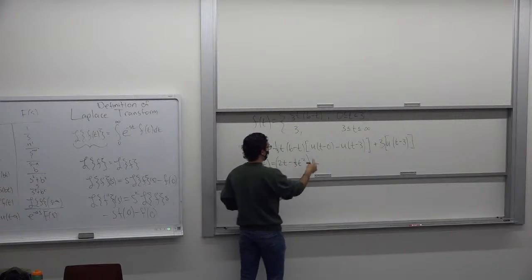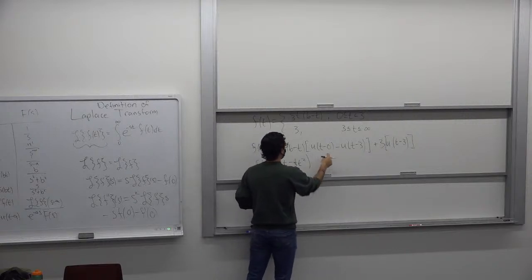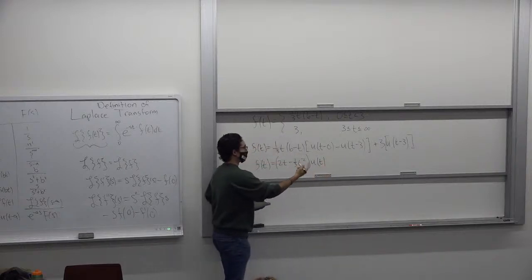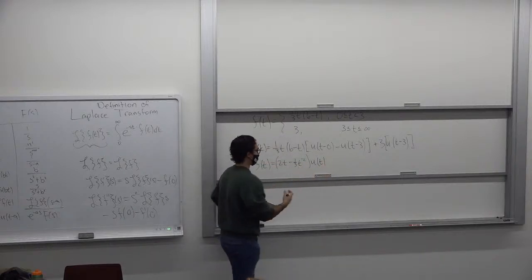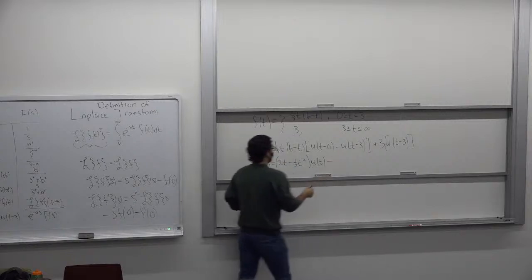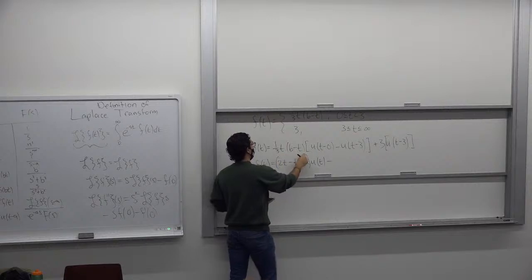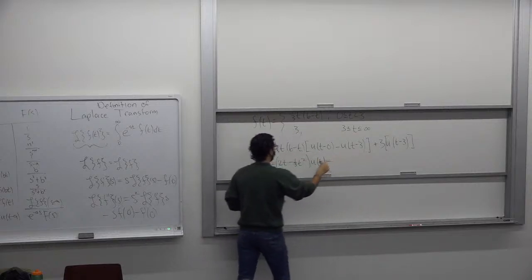And then we're multiplying that by u(t minus 0), which I'm just going to simplify as u(t) because it's minus 0, so it doesn't really matter. Then, since this is in a bracket, I'm also multiplying this whole term by u(t minus 3).